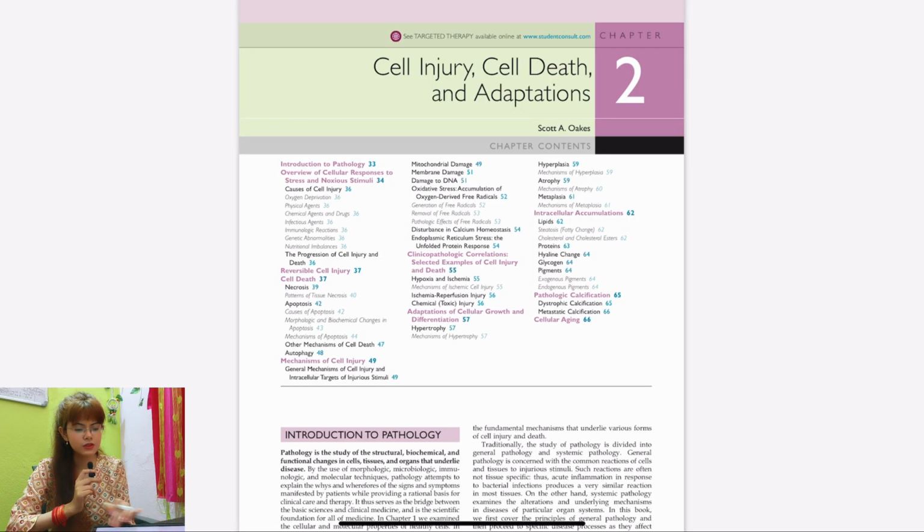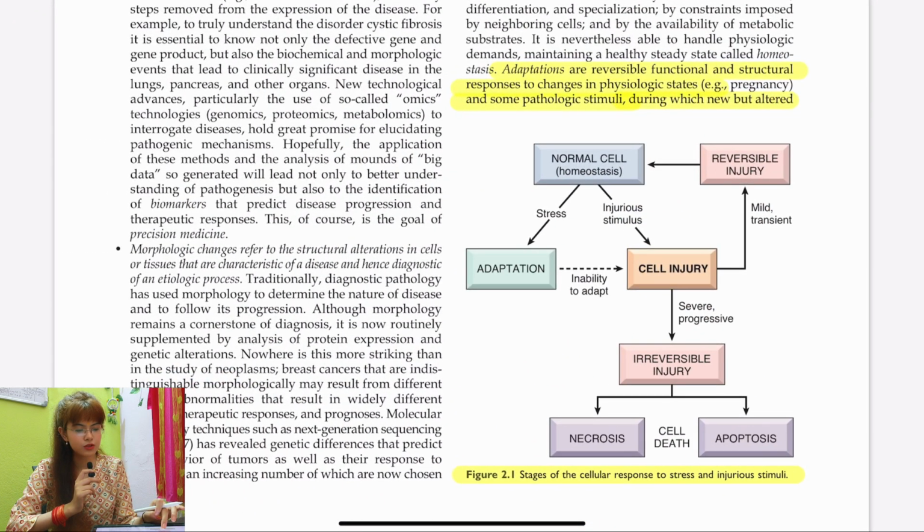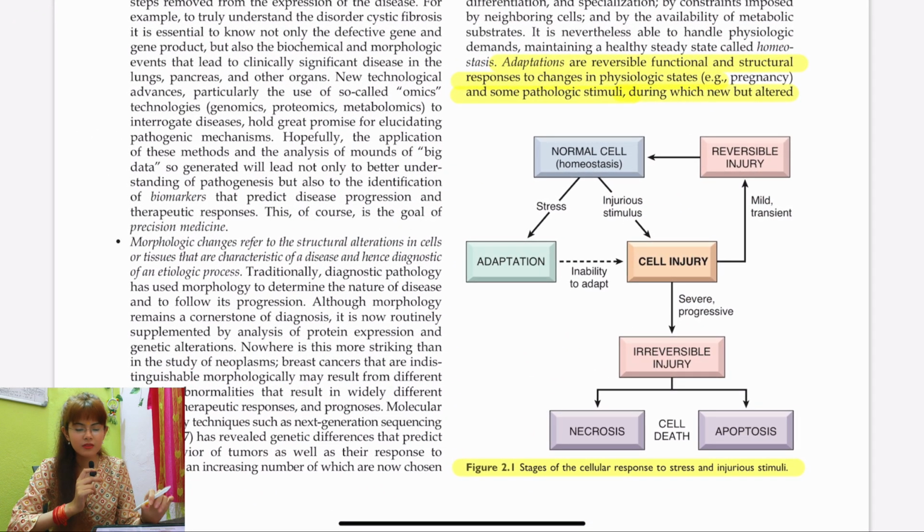Starting with this chapter, this is the dictum which you must know: whenever a cell is undergoing any kind of stress, initially there's going to be adaptation, like hypertrophy, hyperplasia, metaplasia, etc. And when the cell is unable to adapt, because there is an excessive amount of stimulus, especially injurious stimulus, only then will the cell undergo cell injury.